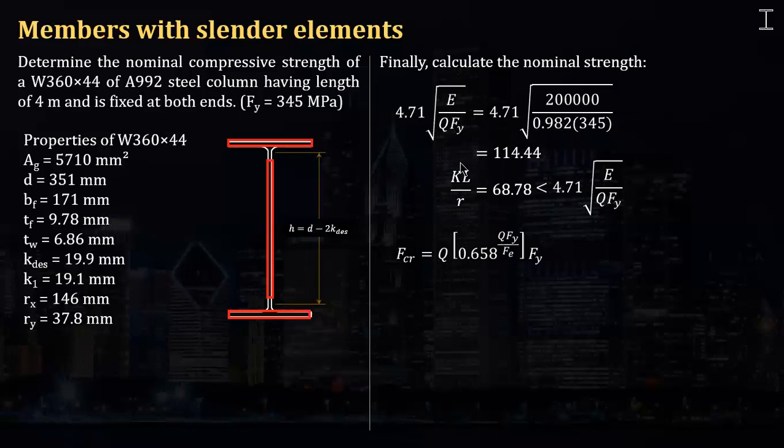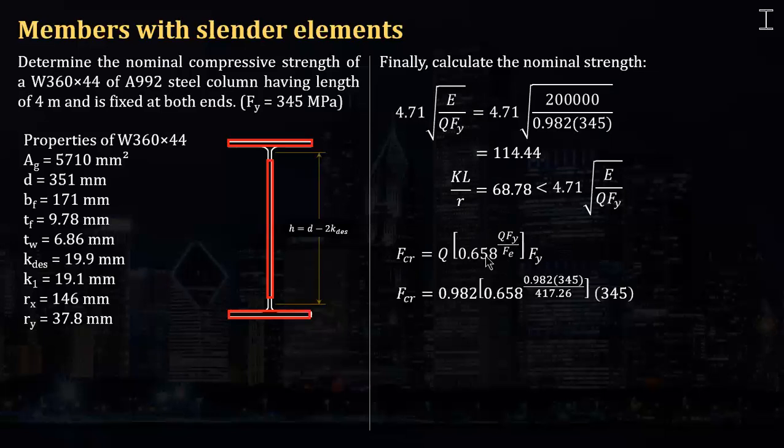This becomes more far from this. So ganun yan. That's why if we used this kanina, then that's what we're going to use here. If kanina we used, let's say, 0.877 Fe in calculating the Fcr, that is for the elastic buckling stress, then that's what we're going to use here.